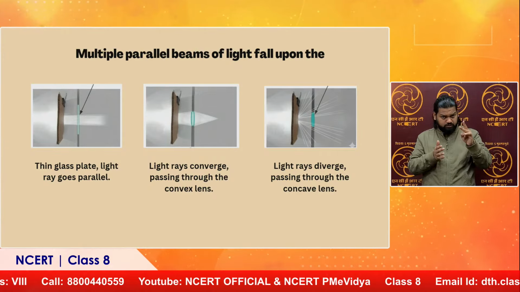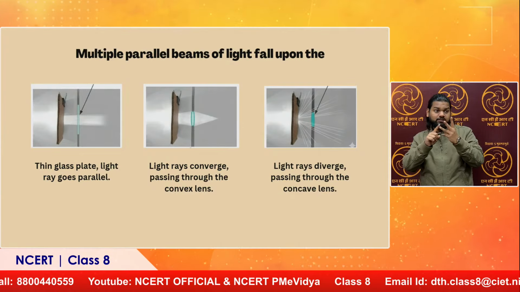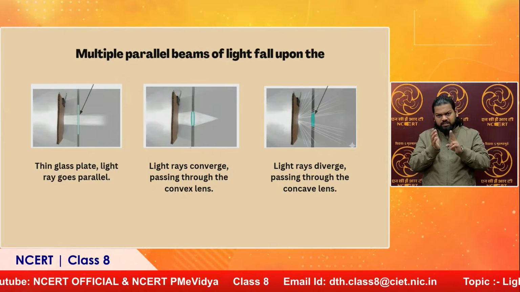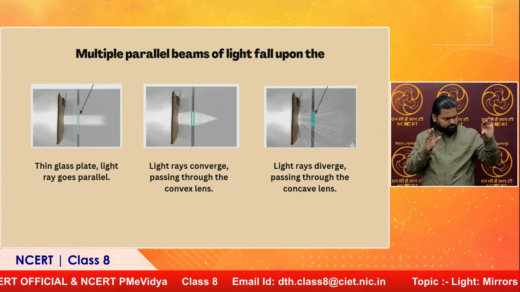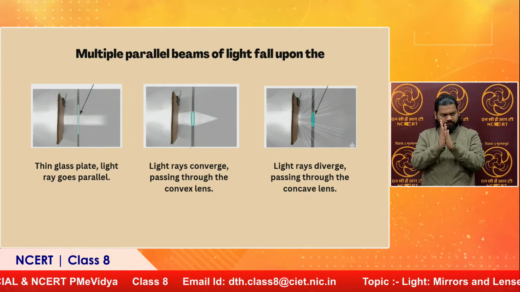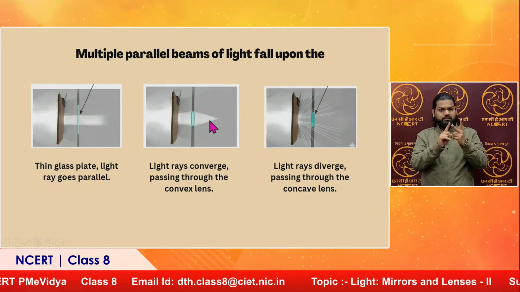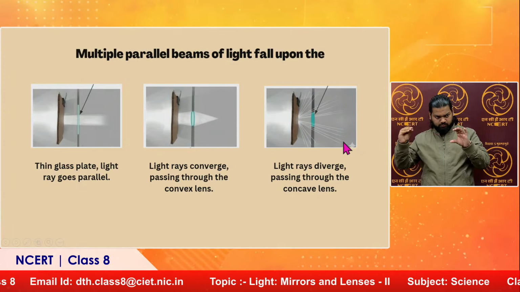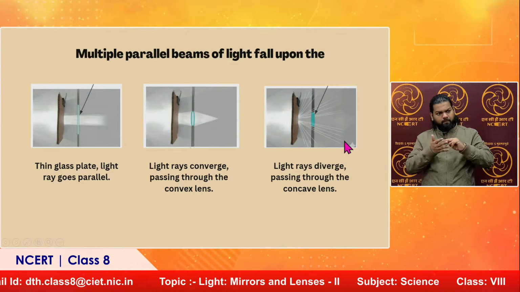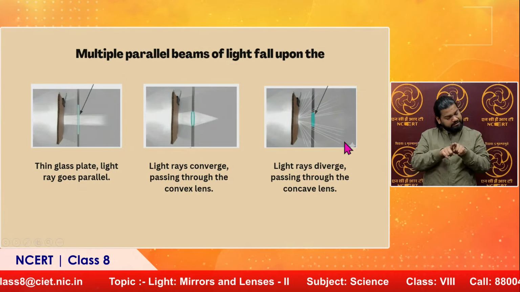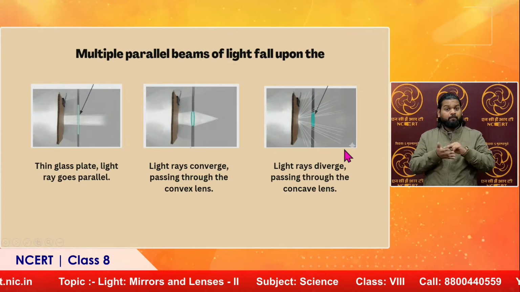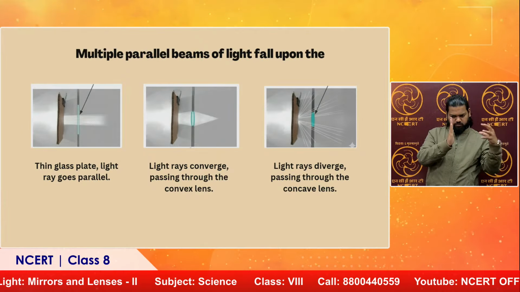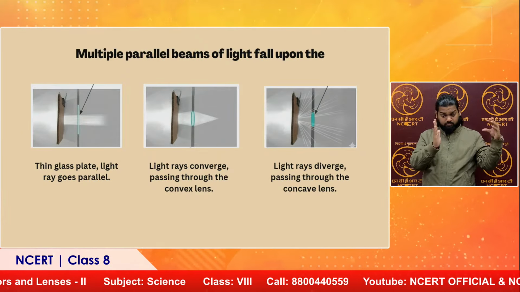Okay. Moving ahead, if we replace this with a concave lens, what happens? The light rays get diverged. Now we can clearly see the difference between the second and the third case. In the second case, the light rays are coming to a point, and in this the light rays are going away, they are getting diverged. So by just holding the lens in our hand also we can find out which one is which, because the light rays get converged.